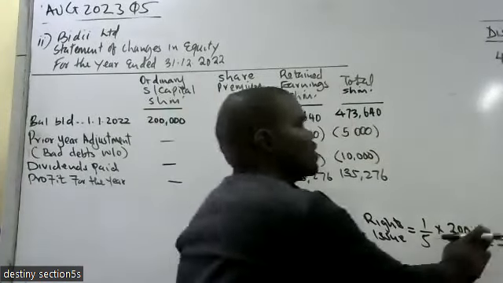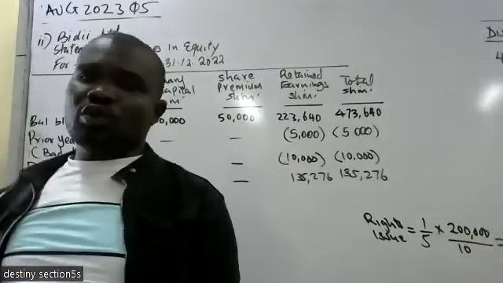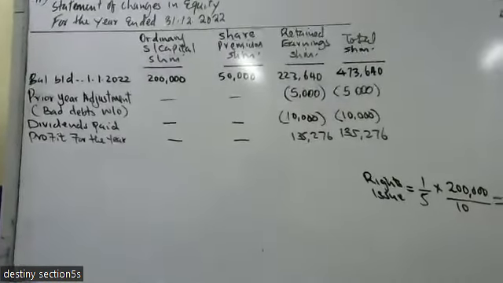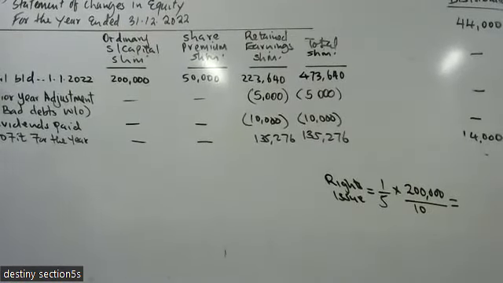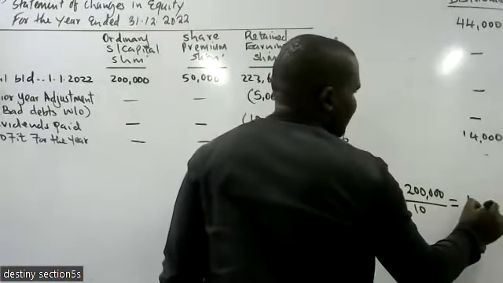So how many shares did they give through the rights issue? They gave 4,000.